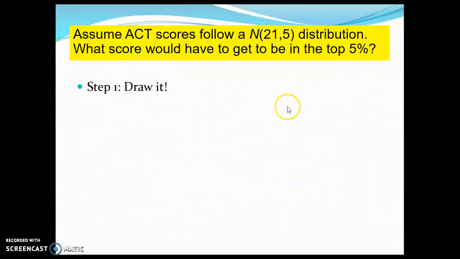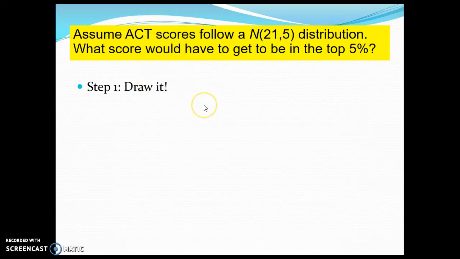Again, we have ACT scores, normal distribution, mean 21, standard deviation of 5. But now our question's a little different. We don't have a specific raw score yet, or cutoff. We want to know what cutoff or what raw score you would have to get in order to be in the top 5% of all ACT test takers.